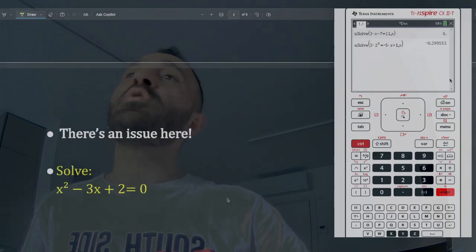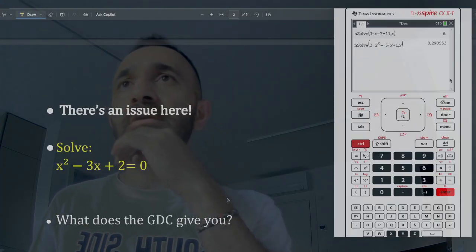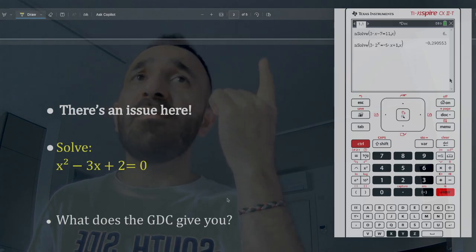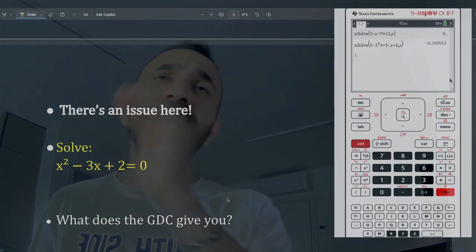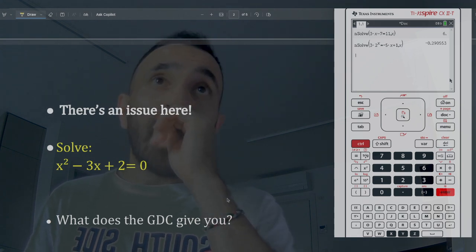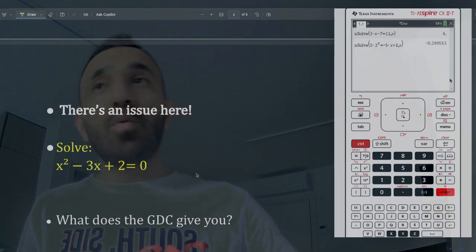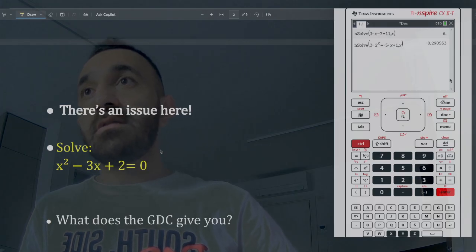There is a problem with numerical solve. In many questions, especially if you have simple calculations and you know that you have only one answer, numerical solve is the best way to solve the equation. But what if you have an equation like x to the power of 2 minus 3x plus 2? Look at this equation.